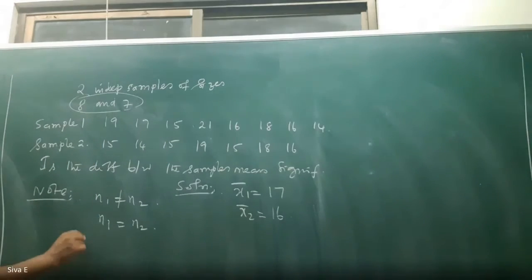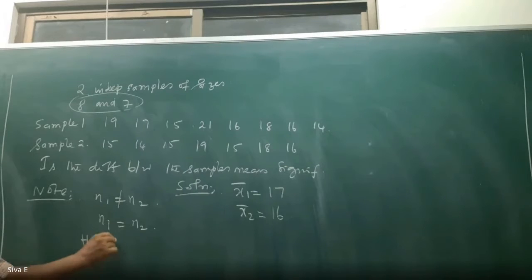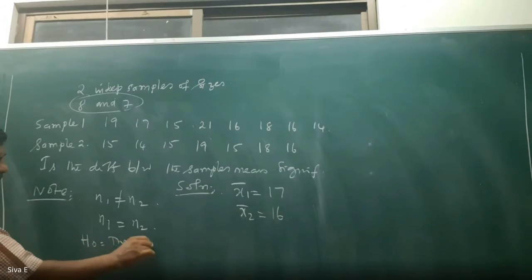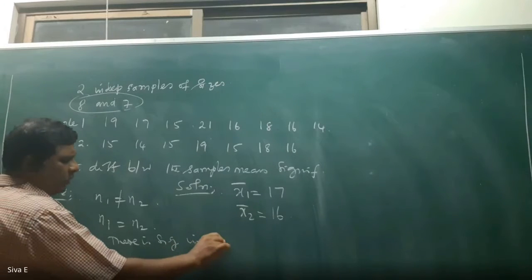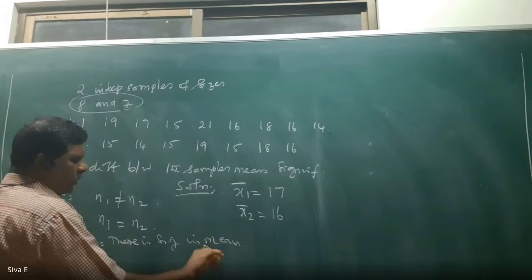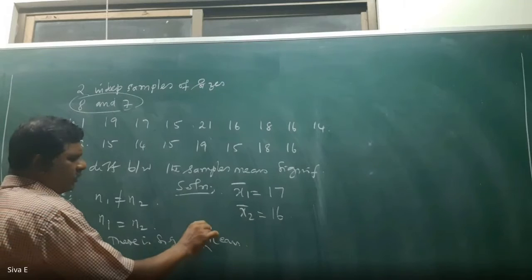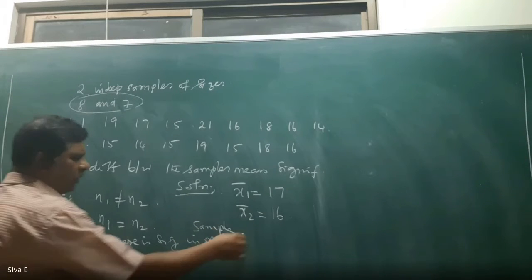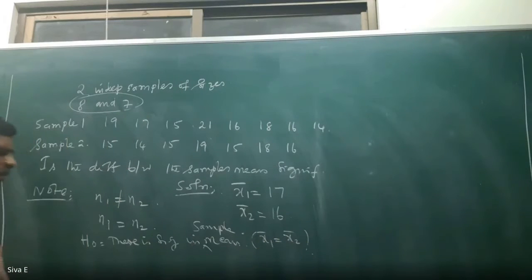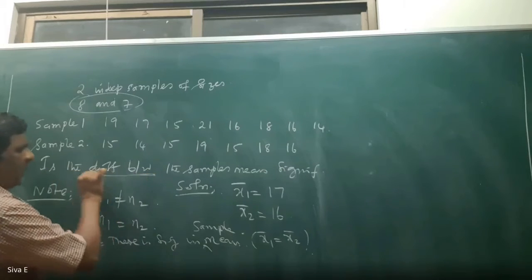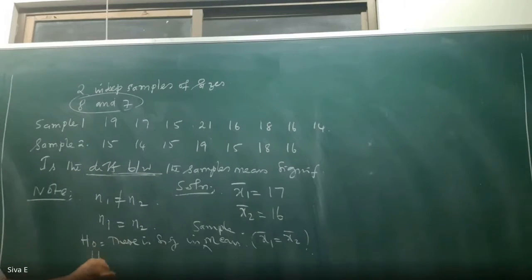Write that H0 here. H0 is there is no significant difference in sample means. That means x1 bar equal to x2 bar. But here we are going to check whether there is any significant difference or not. Therefore, H1, the alternative hypothesis, is x1 bar is not equal to x2 bar.